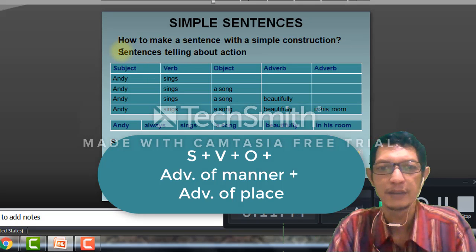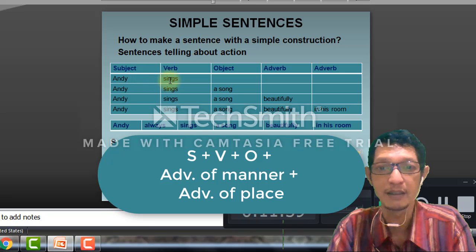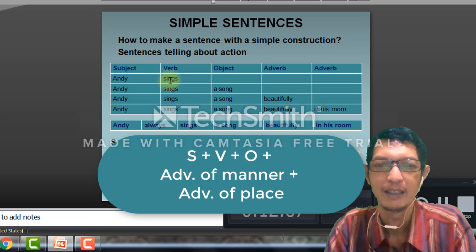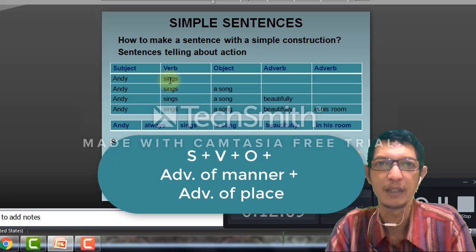The first sentence tells about action. So we have Andy sings. This is actually a complete sentence. But of course, I'm sure that we can find more words to make it more complete. I'm sure that we will have to make it longer if it's possible.